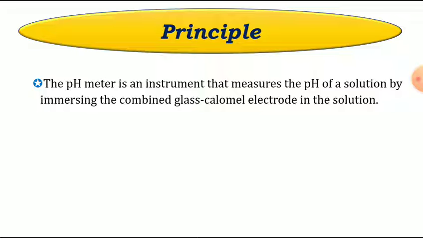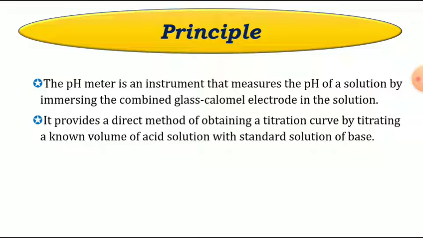One contains pH 7 buffer and the other contains saturated potassium chloride solution. The sensor electrode bulb is made up of porous or permeable glass membrane and coated with silica and metal salts. Okay, this is a little bit of information about the pH meter or the combined glass electrode.